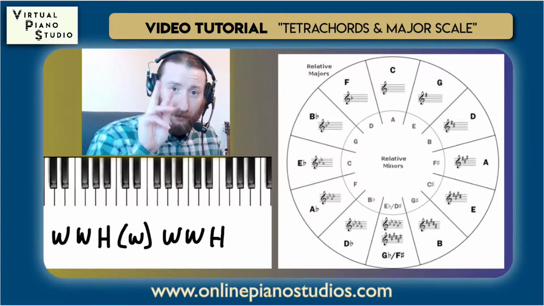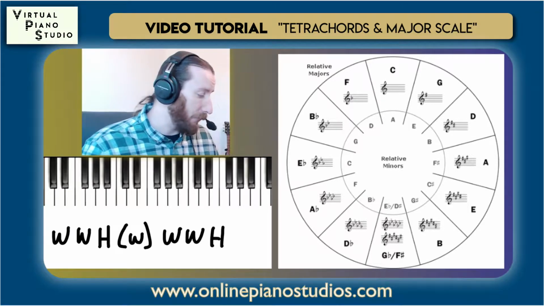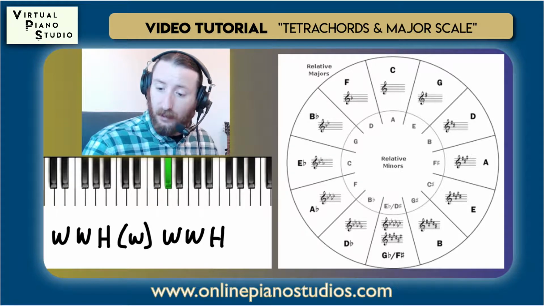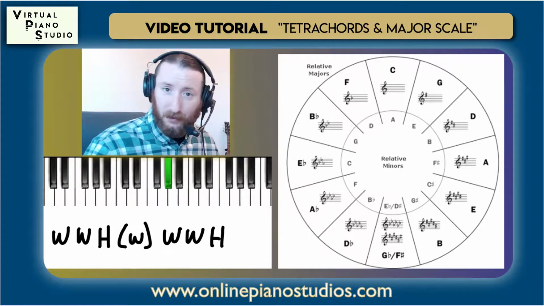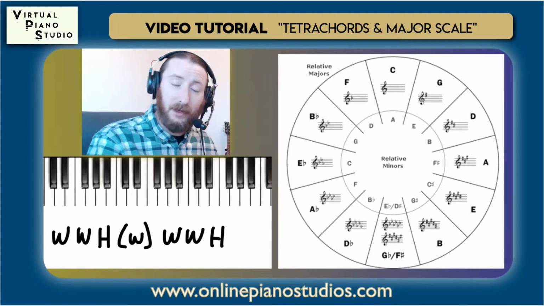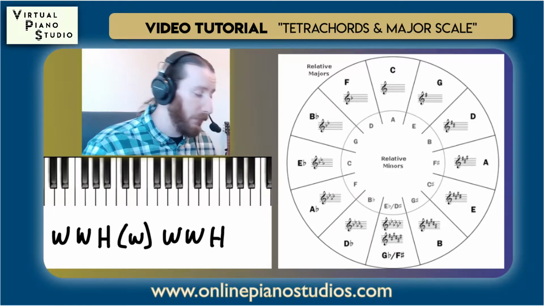A whole step is two keys separating two notes, meaning G up to the very next black key is just a half step. G down to the very next black key is a half step. And it's just the very, very next key, no matter where you are on the keyboard.